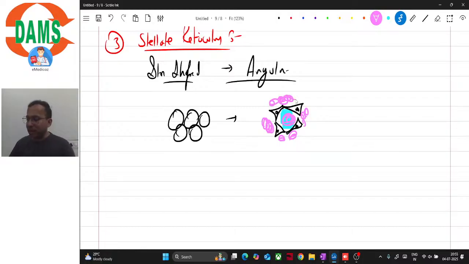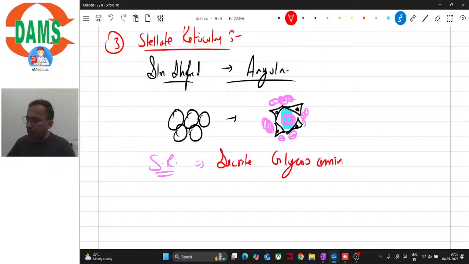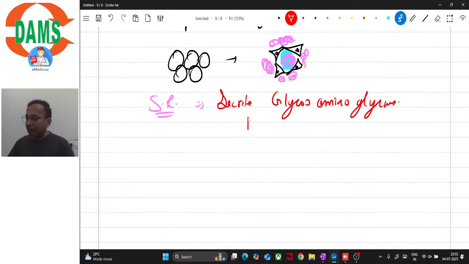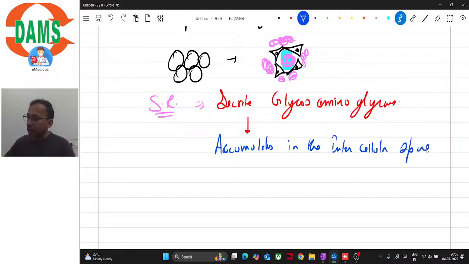What happens is these stellate reticulum cells secrete glycosaminoglycan, and this glycosaminoglycan accumulates in the intercellular space.